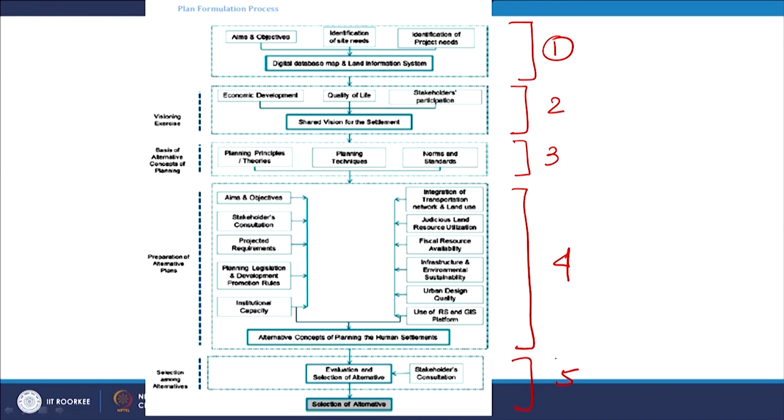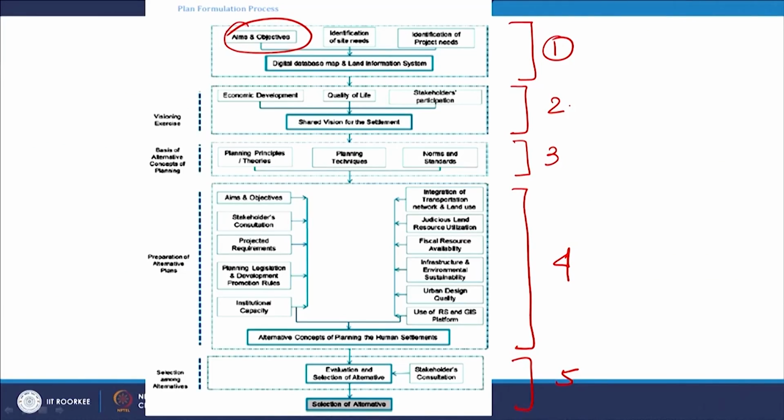So, in stage 1 you can see it is the aims and objectives of the overall planning. At stage 2 it is the visioning exercise including quality of life and participation.